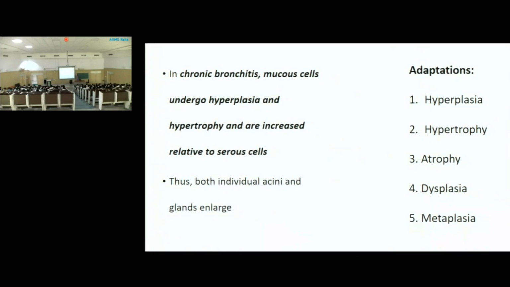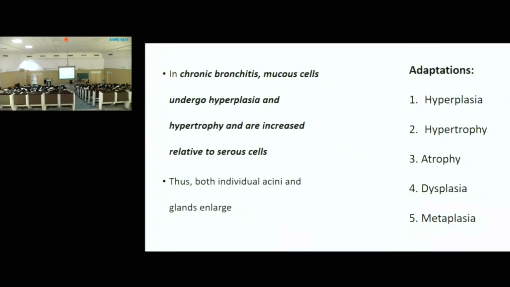Here, due to irritation or chronic smoking, the submucosal glands undergo hyperplasia and hypertrophy. So the glands in the submucosa increase in number as well as in size. In patients with chronic bronchitis, if you take sections from that area, you will see an increase in the thickness, size, or number of these submucosal glands.